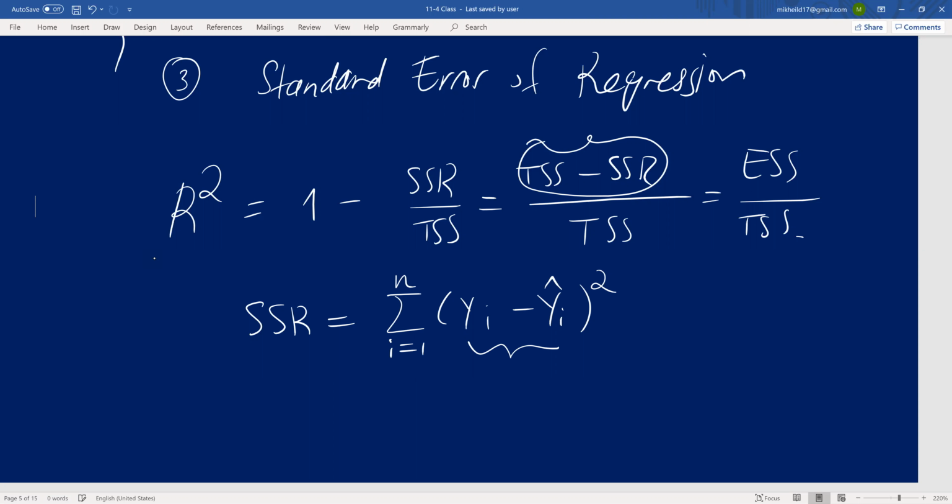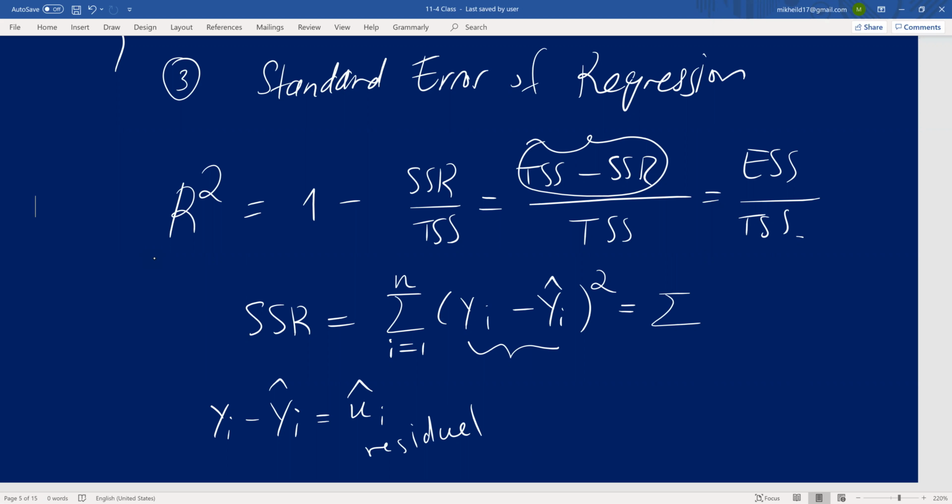So, what is yi minus yi hat? Guys, I'm asking a very simple question. What is yi minus yi hat? The error. No, minus 1 point. Oh, wow, okay. It's the residual. Yes. Come on.